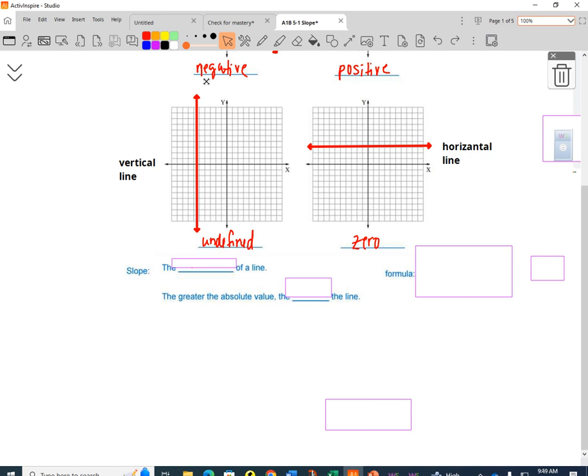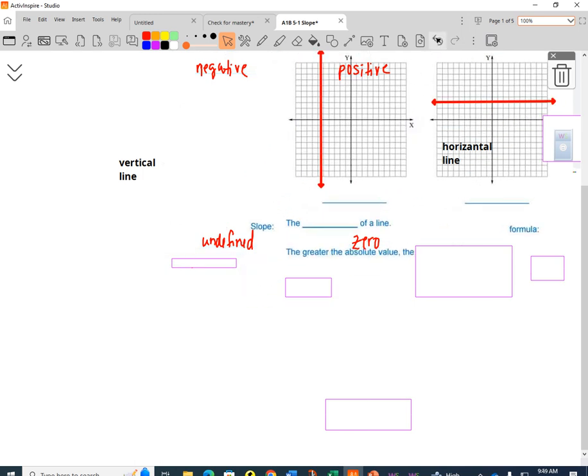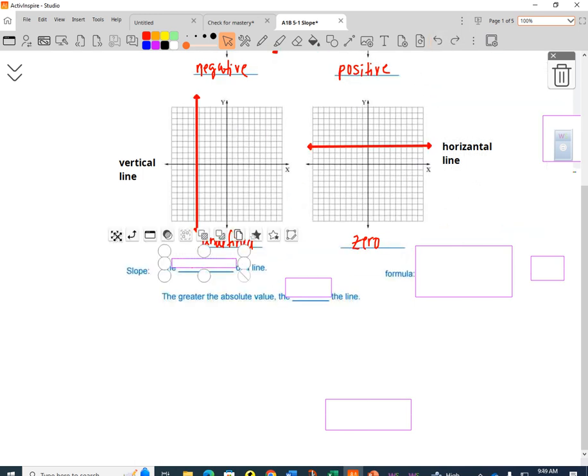It's too steep. So the slope is the steepness of a line. And the greater the absolute value, the steeper the line.